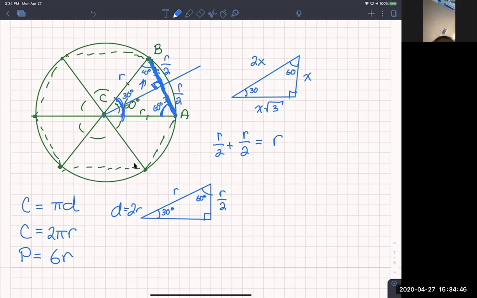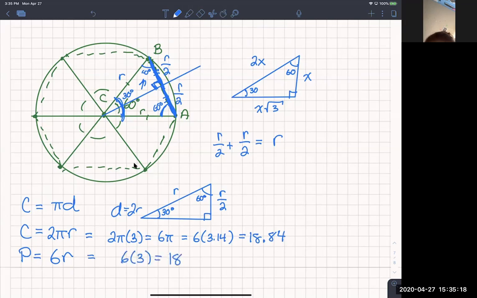3. Okay, so the circumference if the radius was 3 would be 6 pi, which is 6 times 3.14, which is 18.84. And the perimeter would be 6 times 3, which is 18.